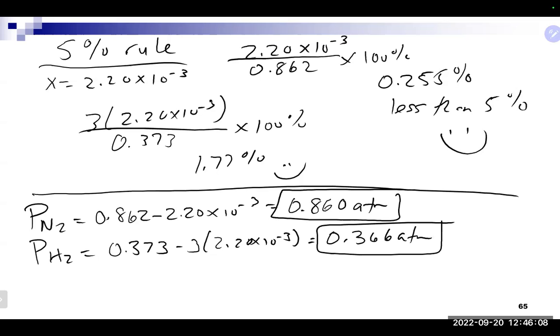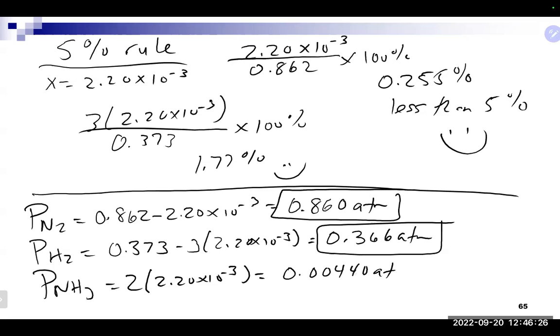And lastly, from our ICE table there, NH3 is just 2x. So that would be 2 times 2.2 times 10 to the minus 3. Going to give us 0.0044 atmospheres in this particular case.